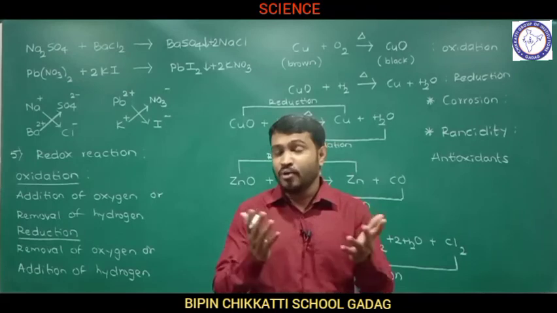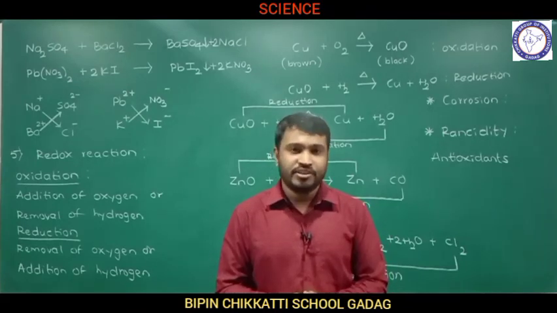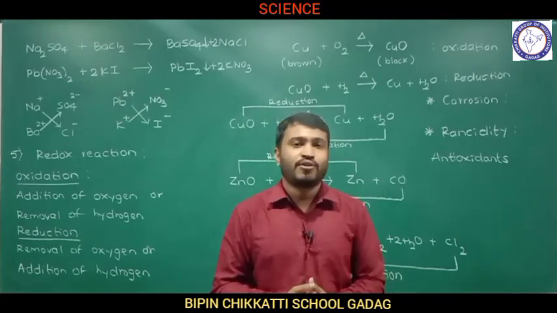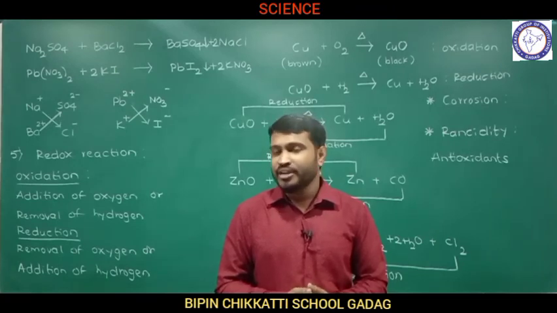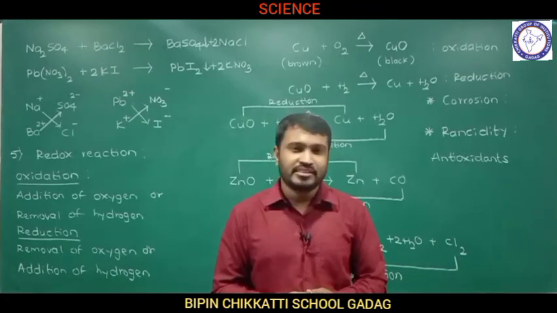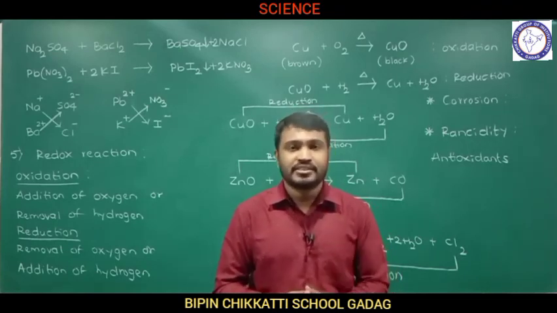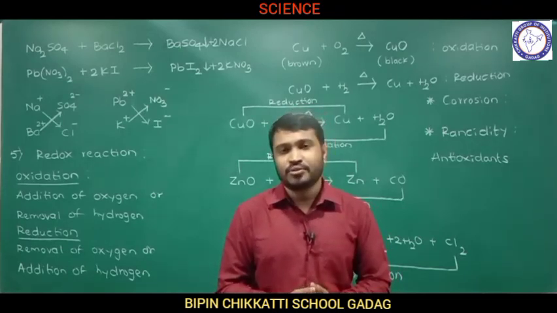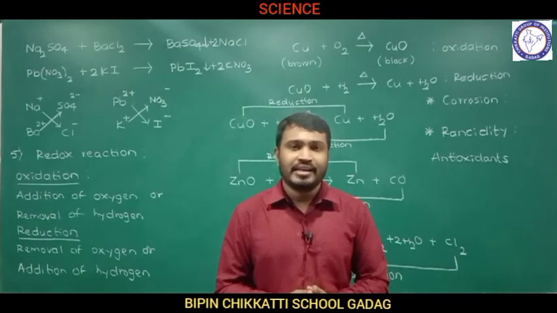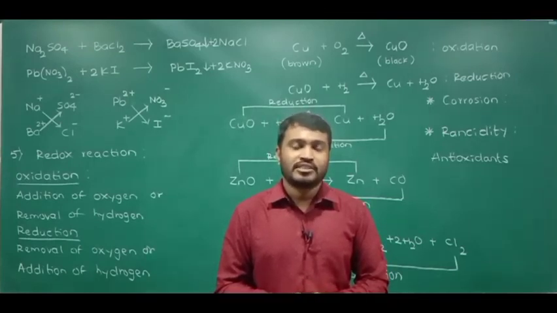And we learned how to balance chemical equations. We studied 5 different types of chemical reactions: combination reaction, decomposition reaction, displacement reaction, double displacement reaction, and redox reactions. And we learned the concepts called corrosion and rancidity. That is all about the chapter called chemical reactions and equations.